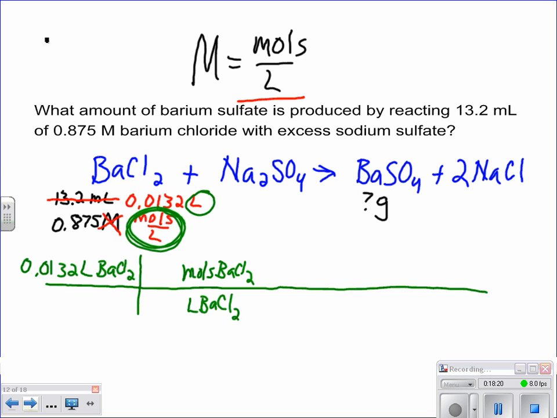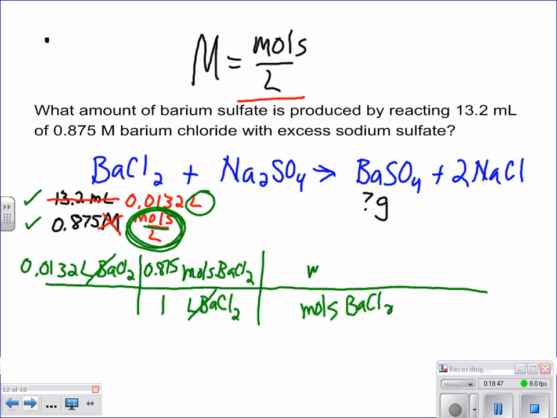But you see 0.875 moles for every 1 liter. So we have just now successfully used both of these values and converted our barium chloride to moles. So now that we have it in moles of barium chloride, we don't want it as moles of barium chloride.